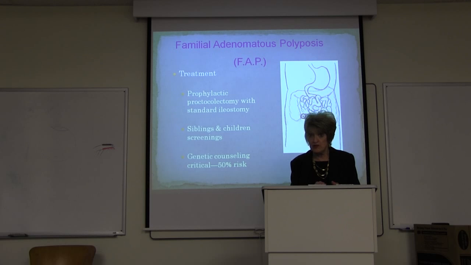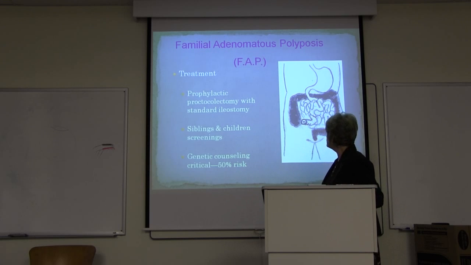It's critical to provide genetic counseling because a lot of these people are deciding whether or not they're going to have children and they need to know the implications. Because it's autosomal dominant, it means that with each pregnancy, there's a 50% chance that that child will develop FAP. It can be treated, but they need to know what they're dealing with.